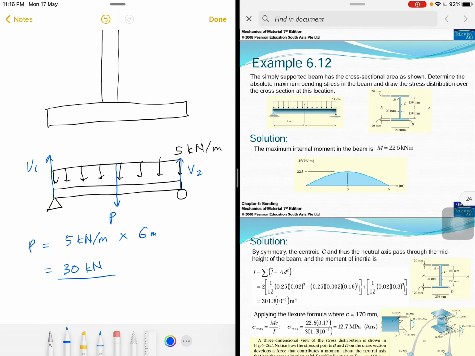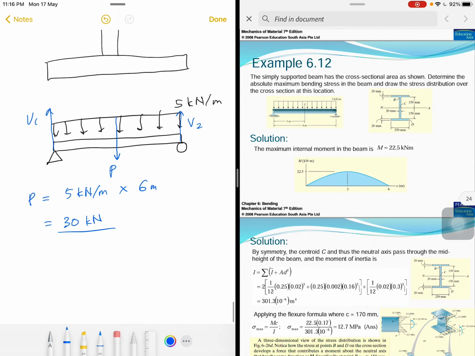So right now, we want to find V1 and V2. So V1 and V2, V2 equal to 15 kilonewton. Right, simple.